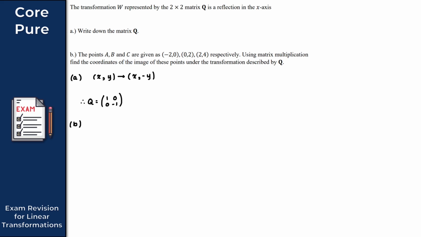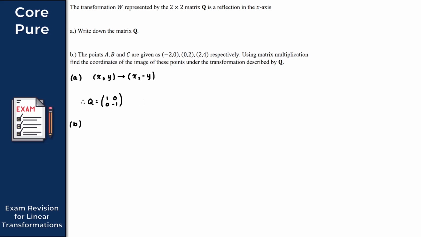So there's 2 ways to do this. Basically you can take each point individually and multiply that with the matrix Q. That's fine. Alternatively, and this will save you quite a bit of time in the exam, take these 3 points and write these as a 2 by 3 matrix and multiply that with the matrix Q. So I'll show you what that looks like.